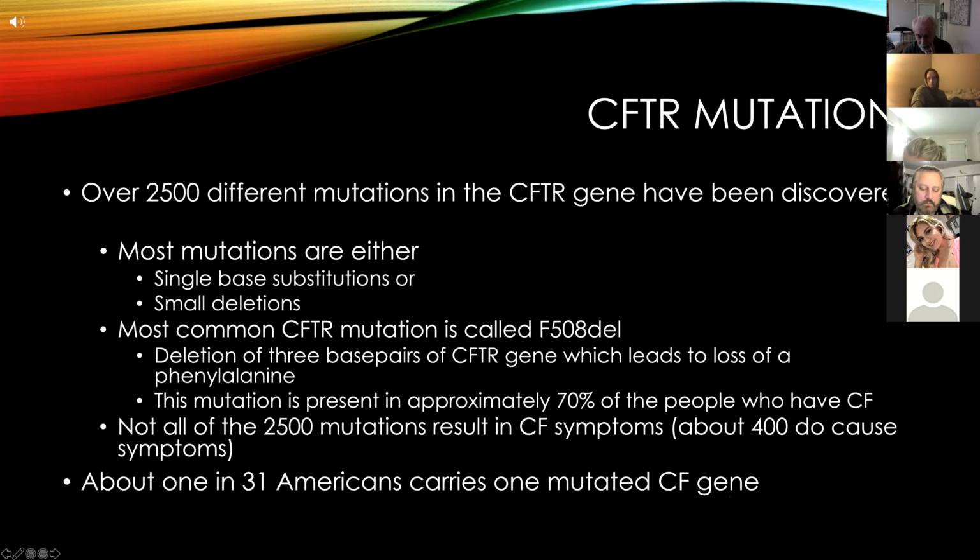However, you have to have 2, 1 from each parent, in order to have the disease. Only if 2 carriers have an offspring does that offspring have the disease. The symptoms can be highly variable, depending on what the mutation is.